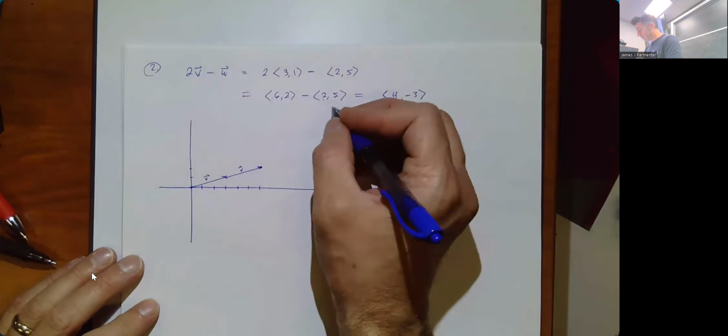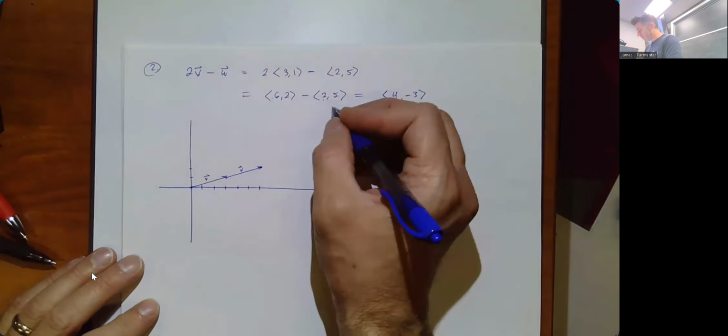So the vector -2, -5 is left 2 and down 5. So from there, I'm really going to go left 2, so 1, 2, and down 5. 1, 2, 3, 4, 5. That's my minus w.